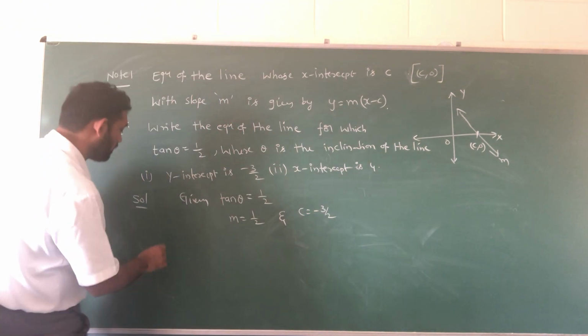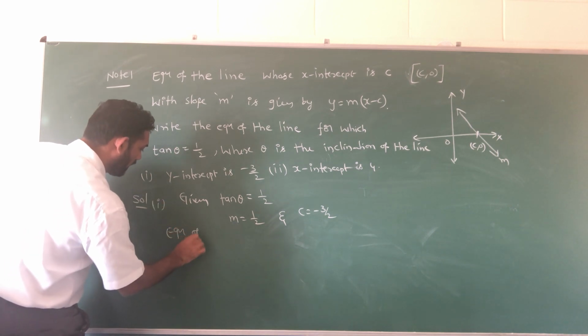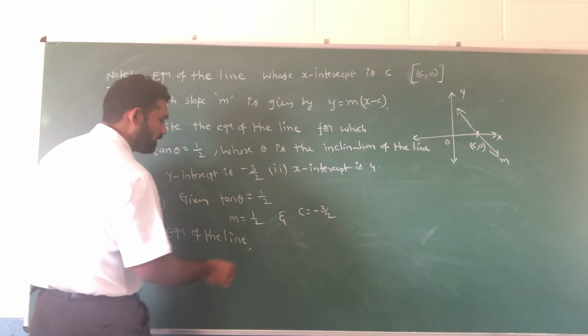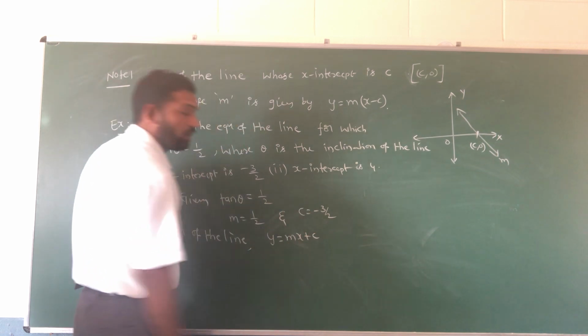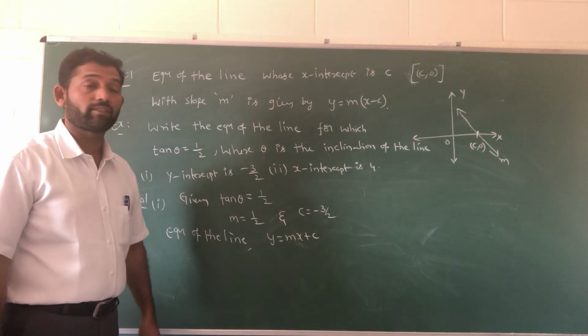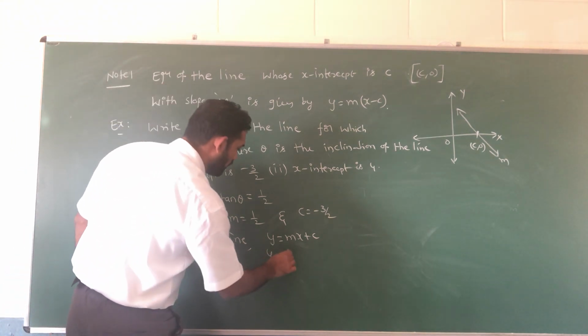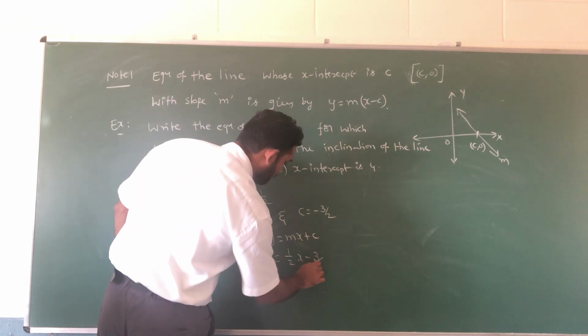Then you write the equation of the line. Our formula is y is equal to mx plus c, since the y-intercept is given. So y equals 1/2 x, c value is -3/2.